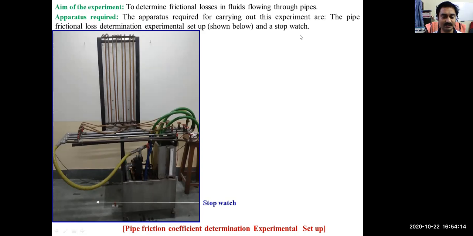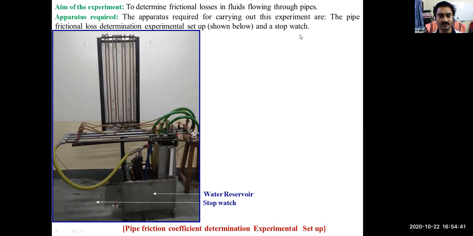So this is what the setup looks like in the fluid machine laboratory in the Department of Mechanical Engineering, where the experiment is being conducted. Different components of this experimental setup are shown below. You can see them one by one. First is a water reservoir, which is the source of water that is driven out by a pump and circulated throughout the system.